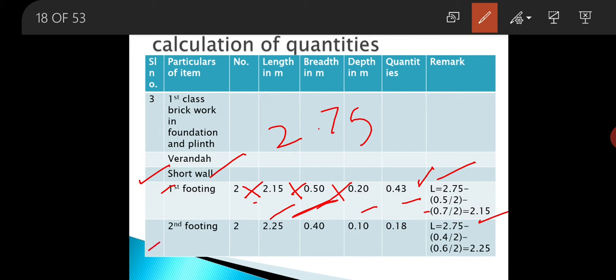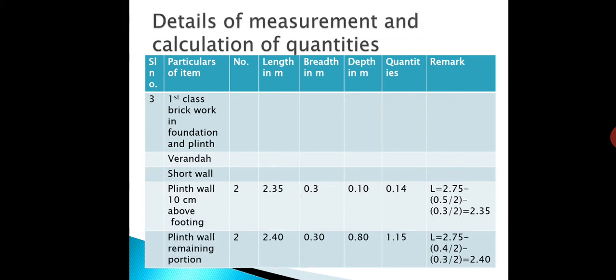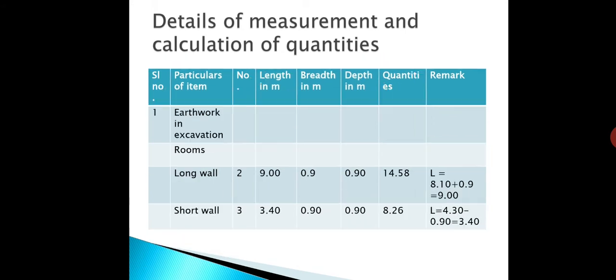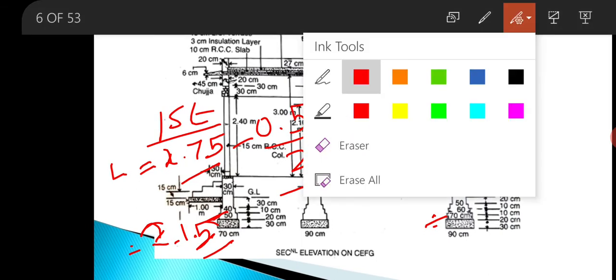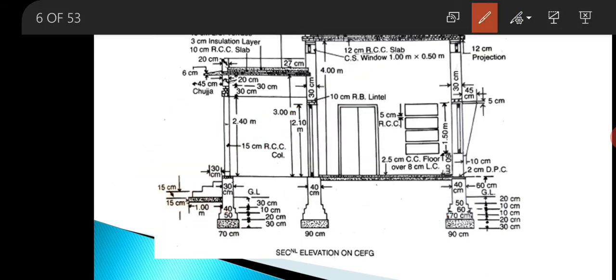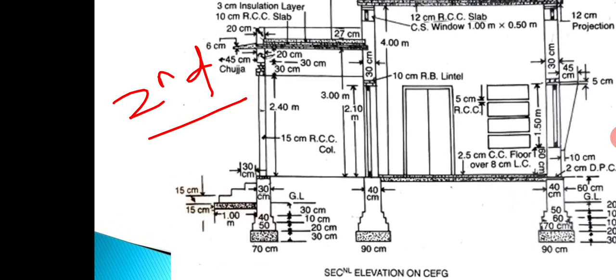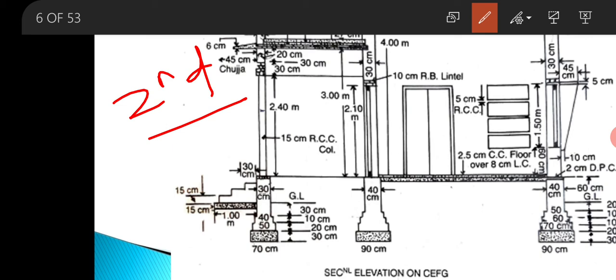Similarly, we will go for the second footing. Second footing is of width 40 centimeter, and at this level there is the 60 centimeter width of the main wall footing.